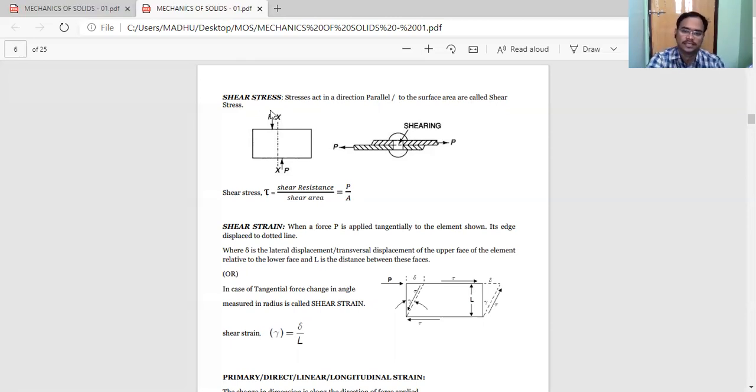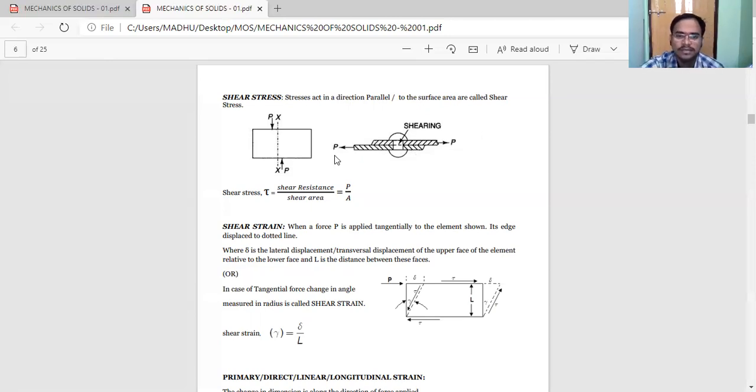Now here we have two metallic sheets. These two are fastened. They are joined together by using a rivet. One load P is in the left direction, the other is in the right direction. Both magnitudes are the same; they can be the same or different also.